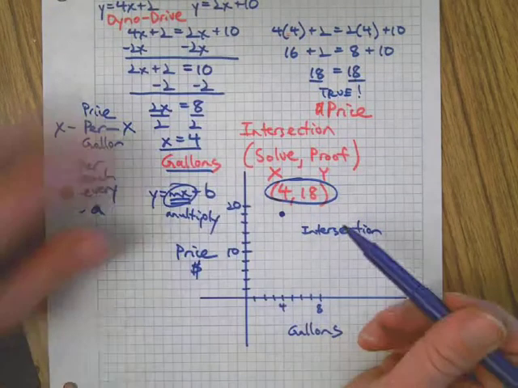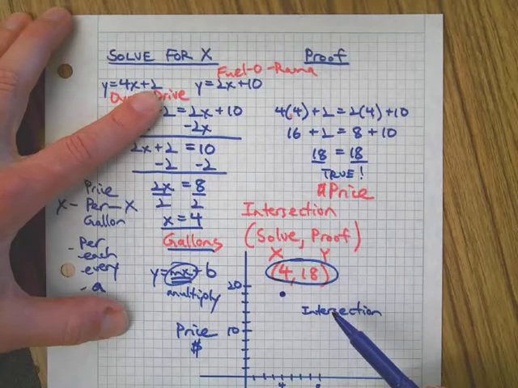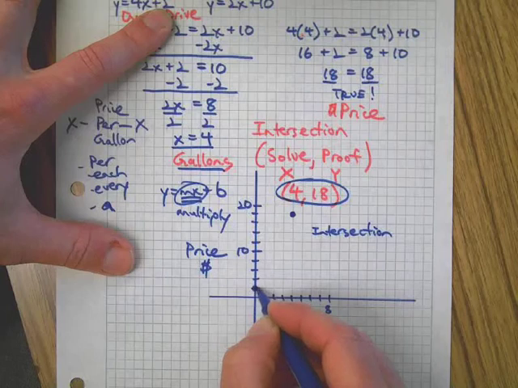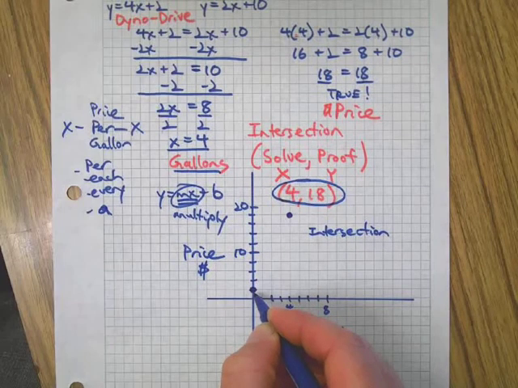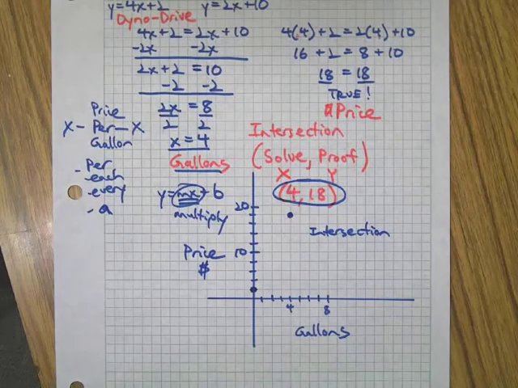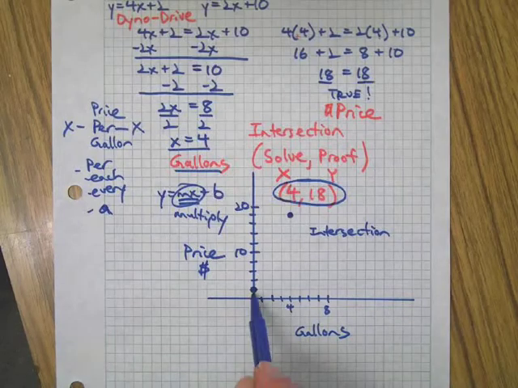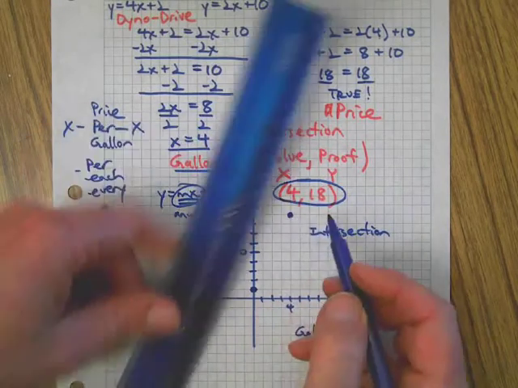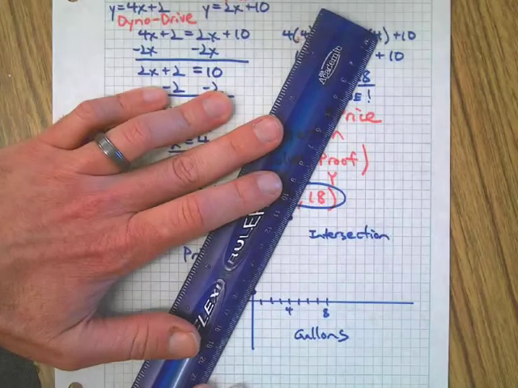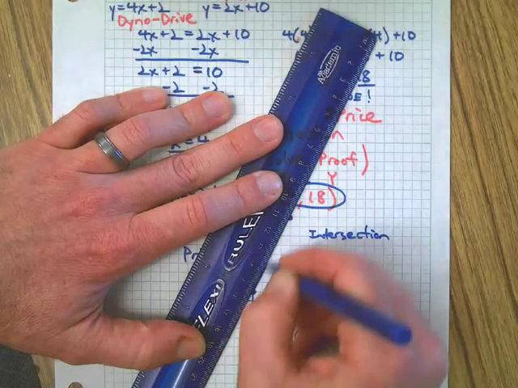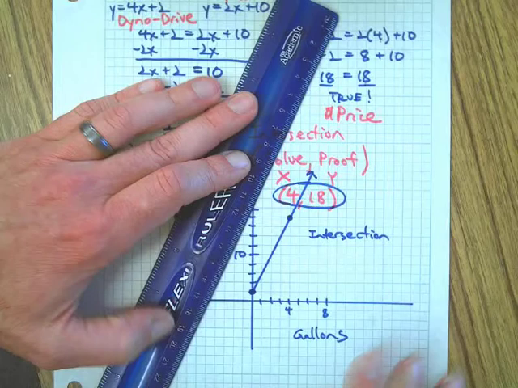You picture what they mean. For example, Dino Drive, the $2 car wash, that goes right here. That's the initial value. That's the b of y equals mx plus b. And if I have that, and I figured out algebraically the intersection, I know I can use those two dots and make this line, and it's going to be correct.